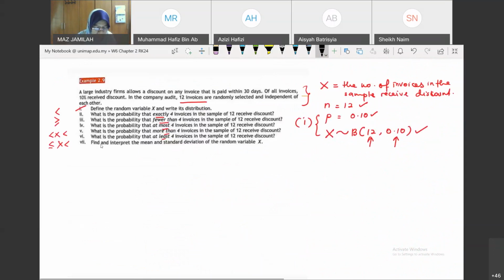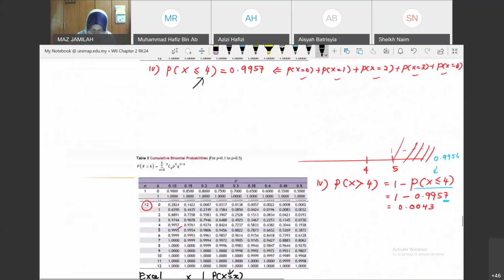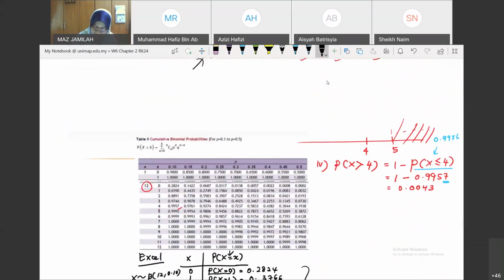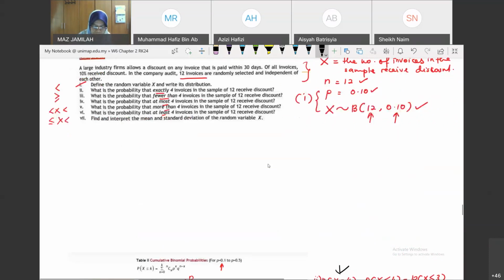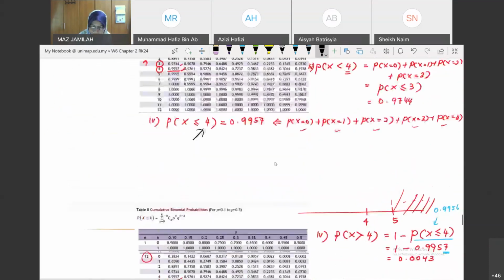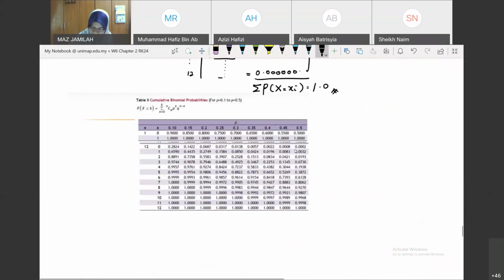Question number 5, more than, has been answered, right? This one is number 5. And then what is the probability of at least 4? That would be question number 6. Find the probability of X. What was the question? At least 4 invoices. So at least means P(X ≥ 4).